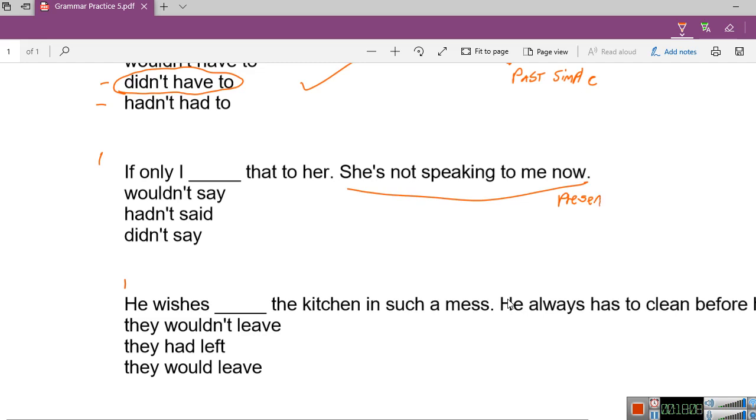Here we have another clue. With if only, I can use it for present or past. I cannot use if only to express annoyance. So what do you think is the answer?